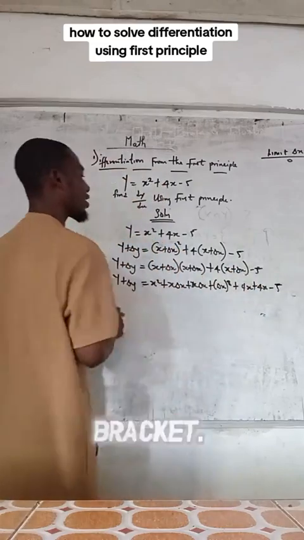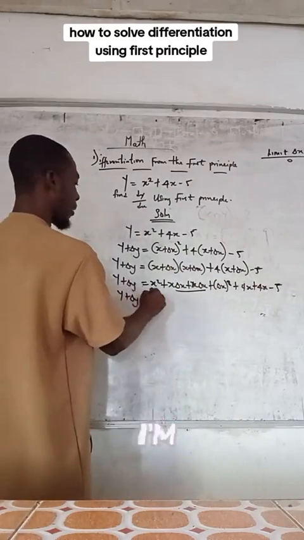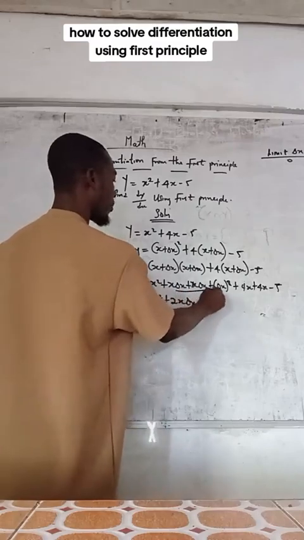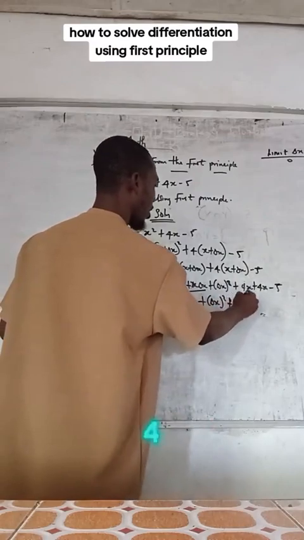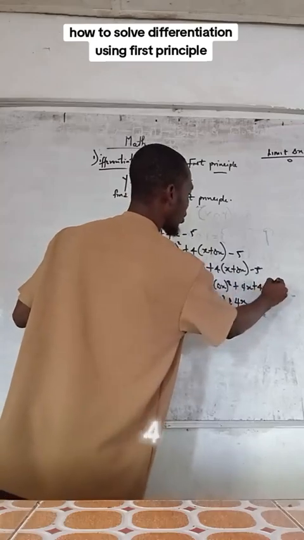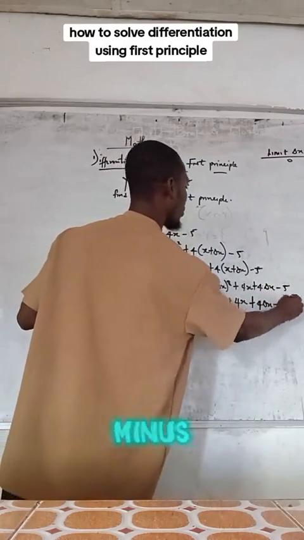These are the same thing, so adding them together, y plus dy equals x squared plus 2x dx plus dx squared plus 4x plus 4 dx minus 5.